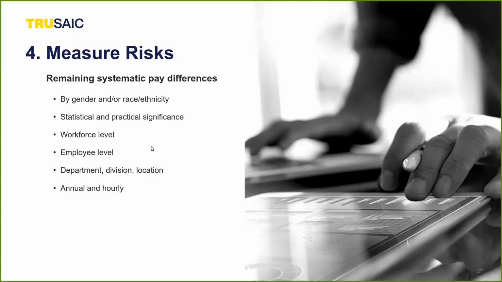What's the cost of differences in terms of annual differences in compensation? How does it vary by department? How does it vary by location? Measuring risks is multidimensional. It's not just one number. One should look for approaches to DEI monitoring that give you multiple dimensions of feedback in this sense.